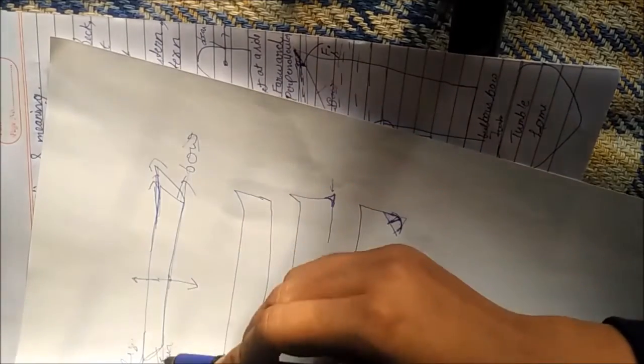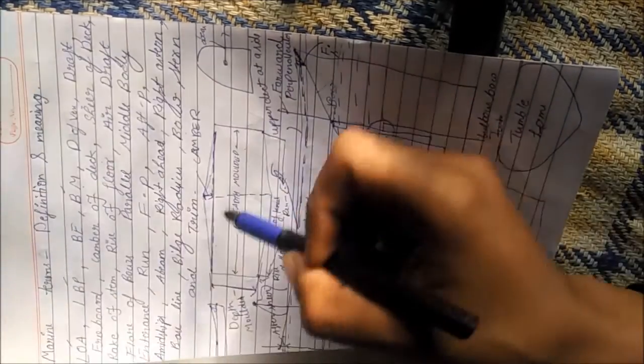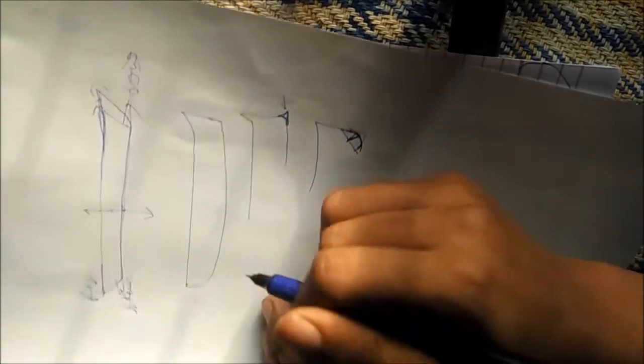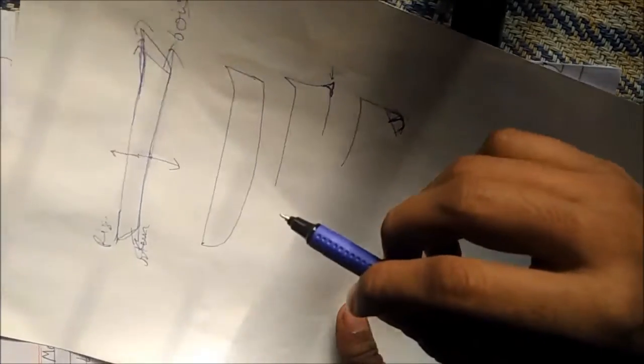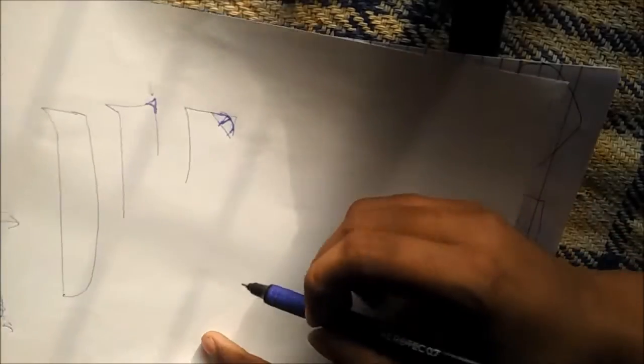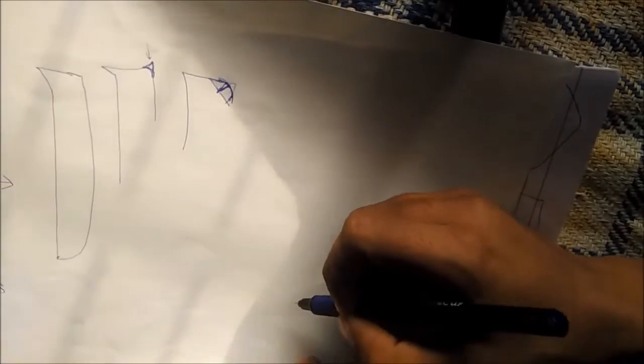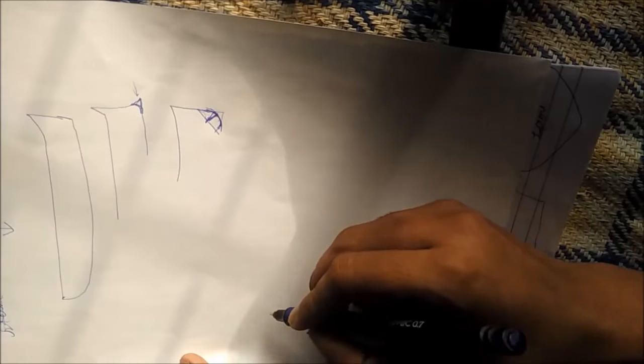Bow and astern I have already explained: the front side is bow and the back side is astern. Next we have trim, one of the most important components. Trim is what?